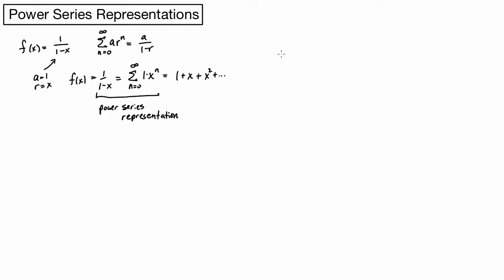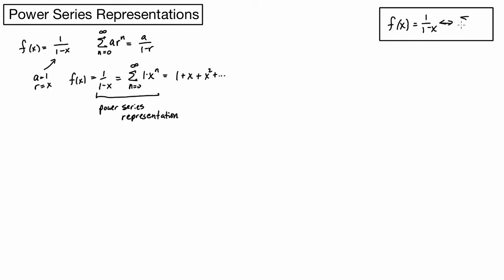So we can put off to the side this basic relationship: f of x equals 1 over 1 minus x is given to us by a power series of the form the sum as n goes from 0 to infinity of x to the n. And we're going to use that relationship to come up with several more power series representations.